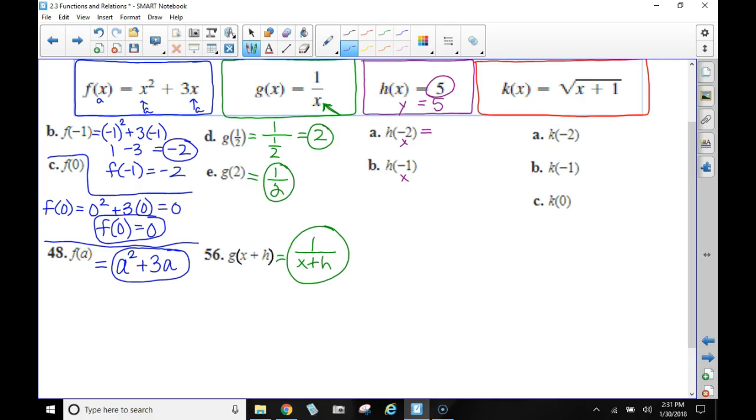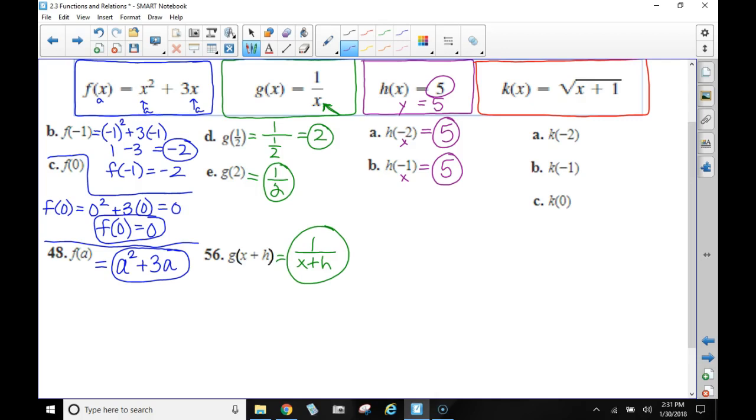H evaluated at -2 is 5. H evaluated at -1 is 5. It's not going to change because we don't have a variable for x. H evaluated at purple elephant would be 5. I don't know why you want to do that, but you could.